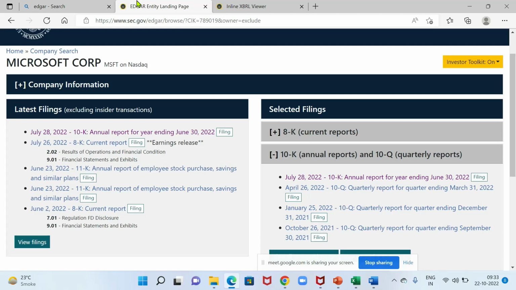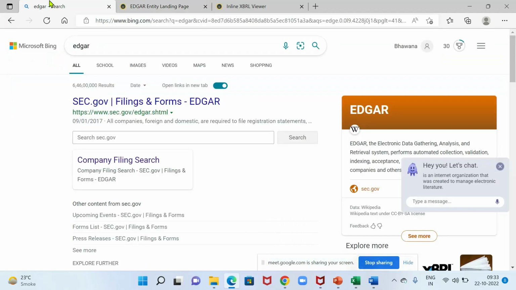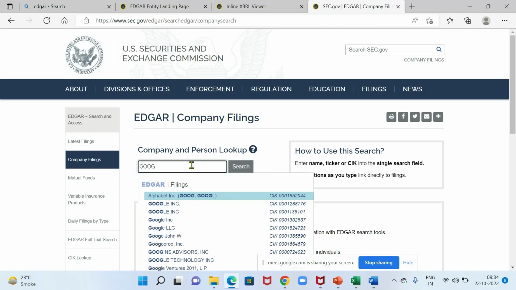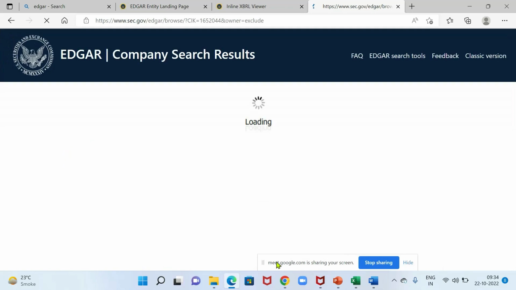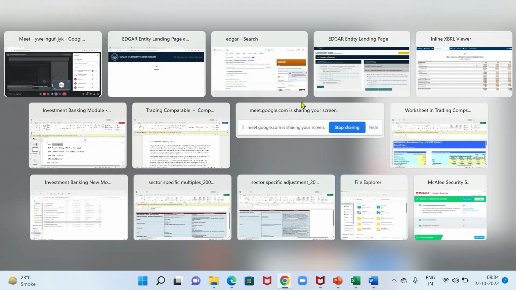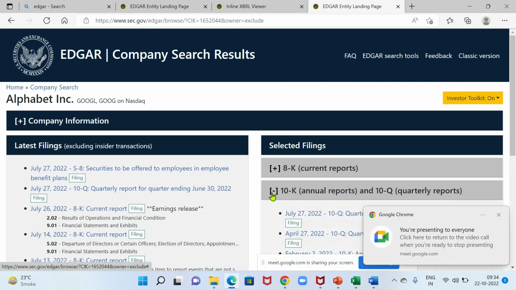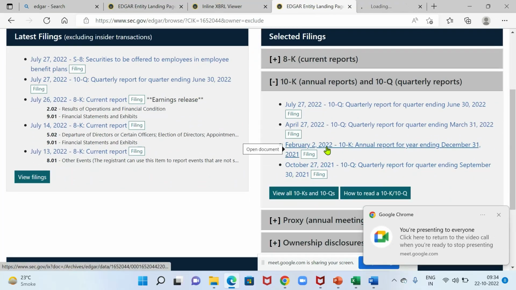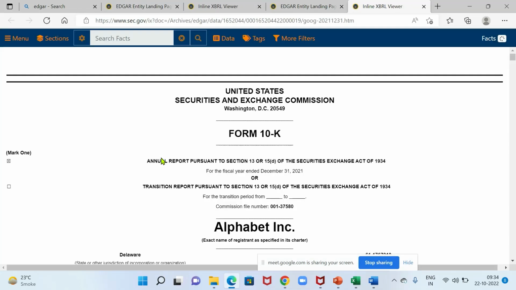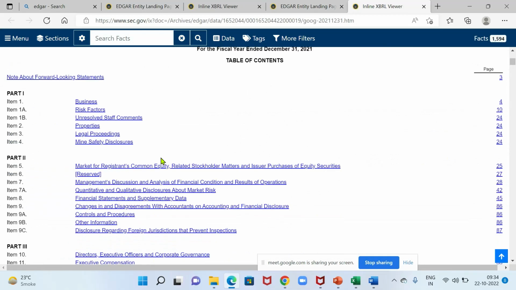Suppose I have to take another example. Alphabet, Google. Alphabet again, we'll go to the 10K.